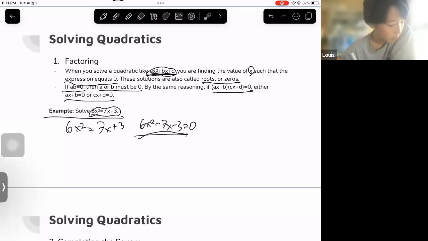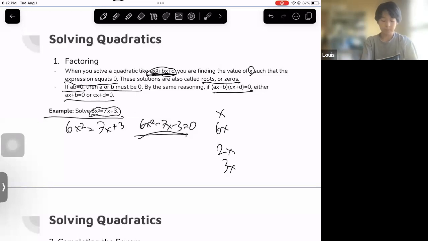To factor it, we can just do this. We want to split up the 6 into two multiples. So it can either be x and 6x or 2x and 3x.